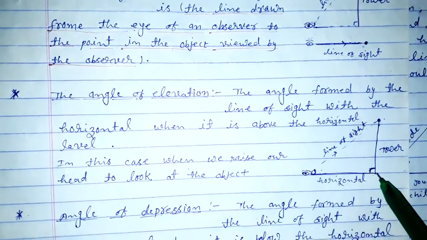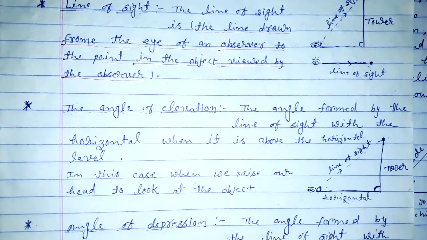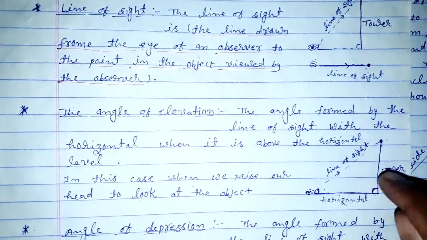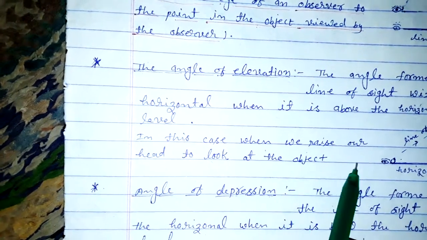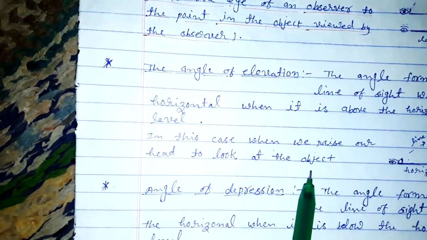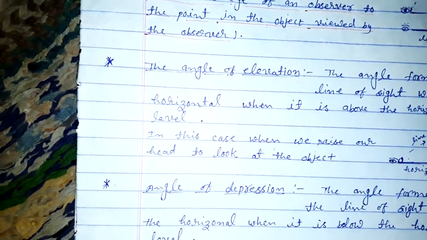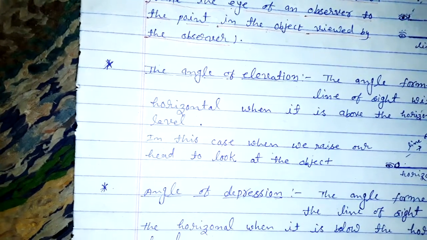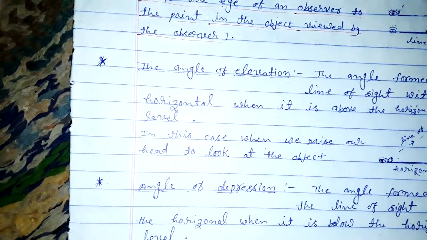This is the horizontal level, and this is any object above the horizontal level. In this case, we raise our head to look at the object. If this is a tower, this is the peak point of the tower, you see.